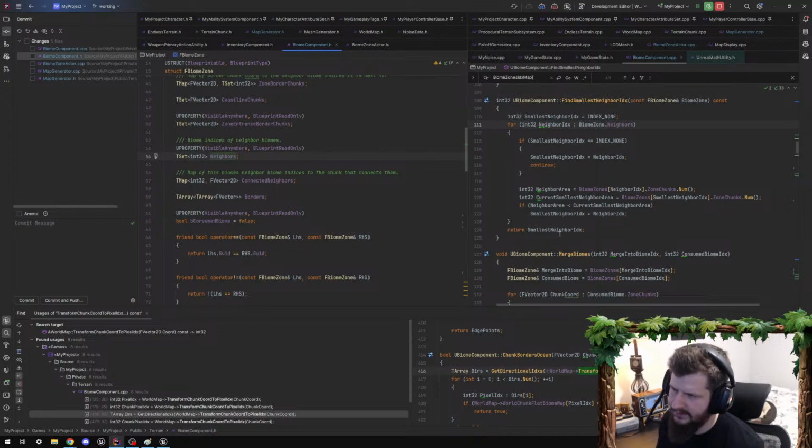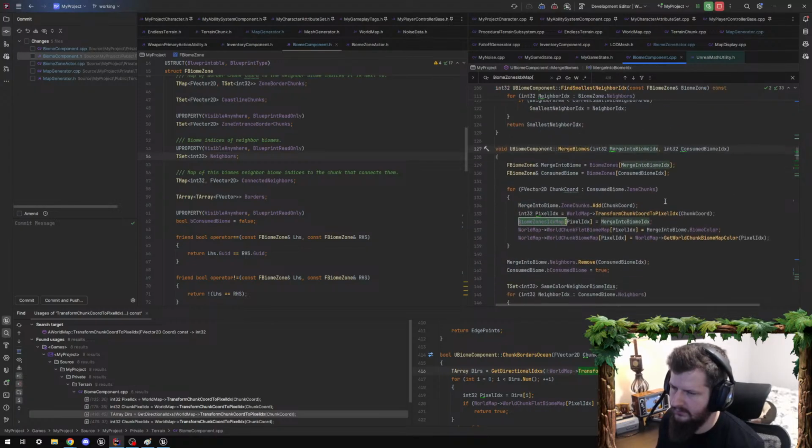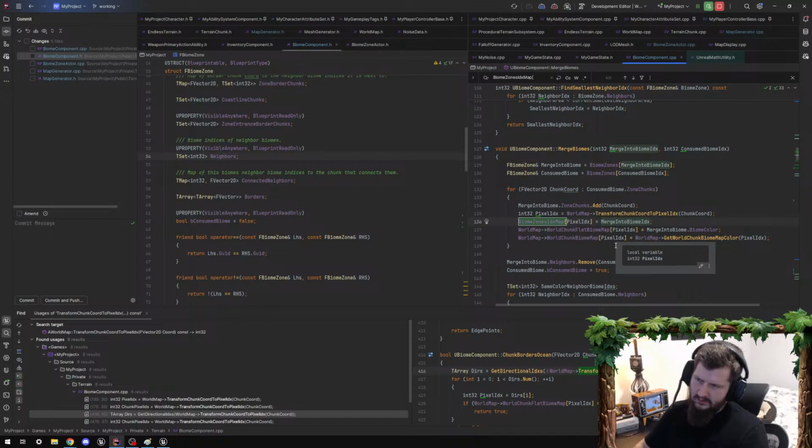So that returns a biome index. I mean, no, that's right. The pixel index is already set here. Transform chunk coordinate to pixel index, same function we're using, and setting it to the new biome index.